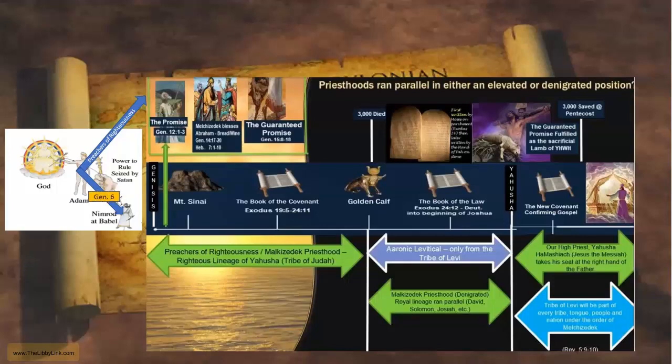And after Genesis 6, with the fallen angels mating with women, taking women, and then the giants were in the land, Yahweh destroyed the earth with the flood, and Noah built an ark and saved his family. So the preachers of righteousness were also running parallel in history.